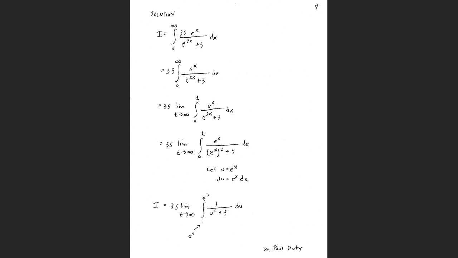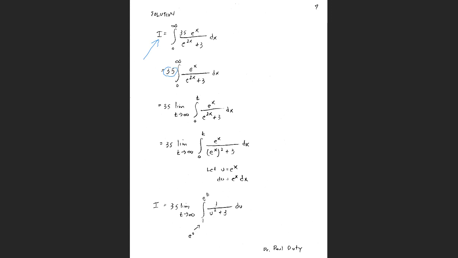So, that 35, if you don't mind, I'll pull that out in front of the integral. I always set my integral equal to I. That was very helpful for a problem like section 5.6, and it's probably helpful here too. It's good to have neat work.